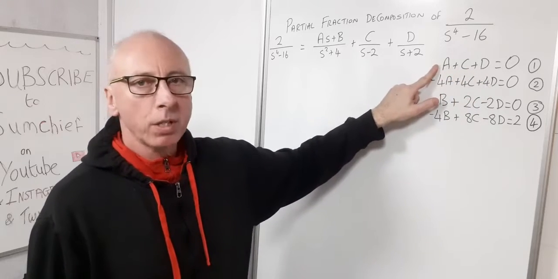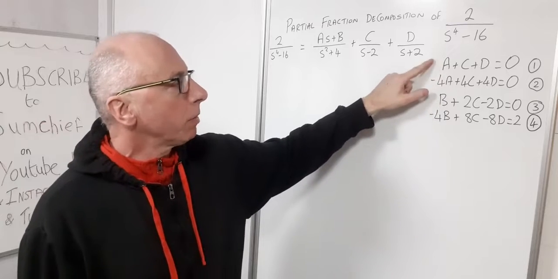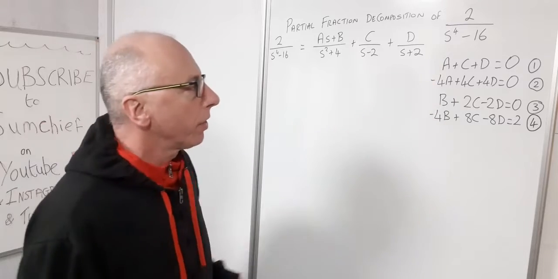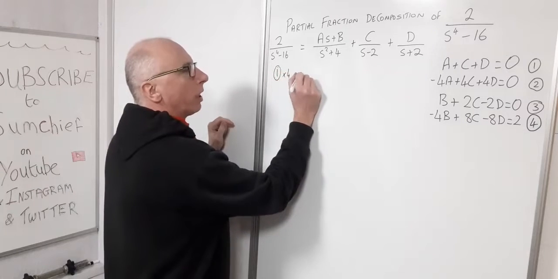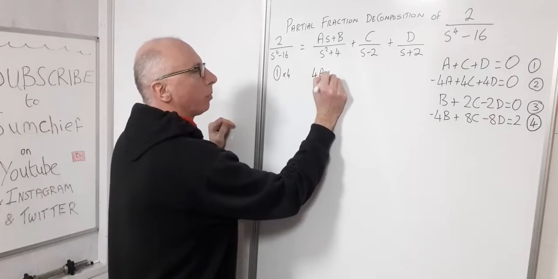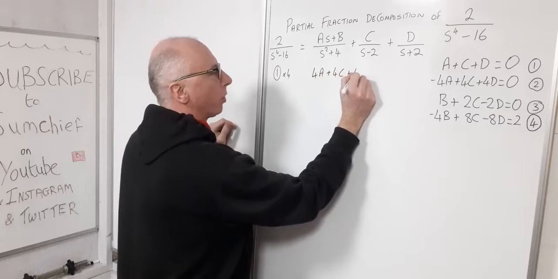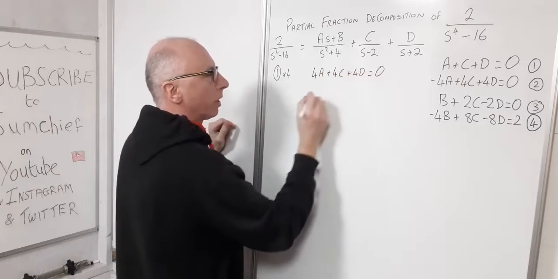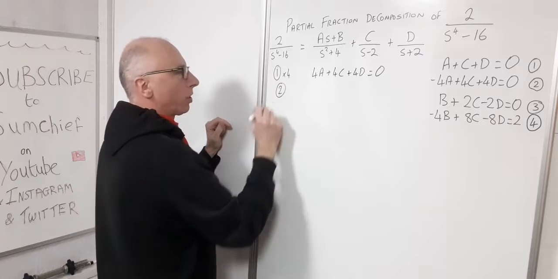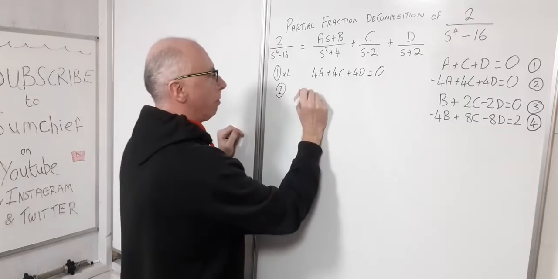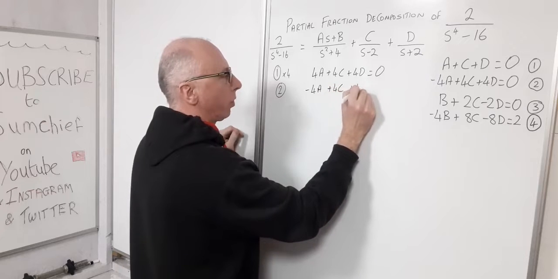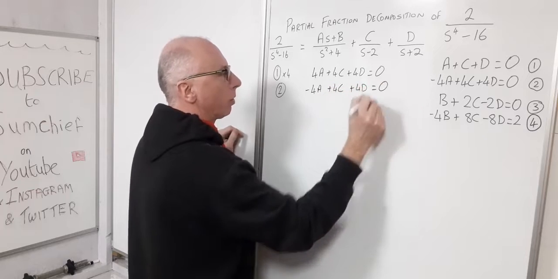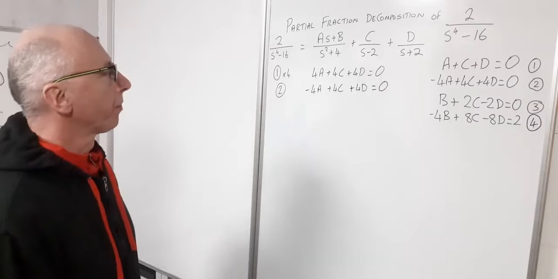So if I multiply equation 1 by 4, that will give me something that I can work with to try and find something in there. So equation 1 times 4 gives me 4a plus 4c plus 4d, which equals 0. And then plugging in equation 2 next to it, I've got minus 4a plus 4c plus 4d, which also equals 0.